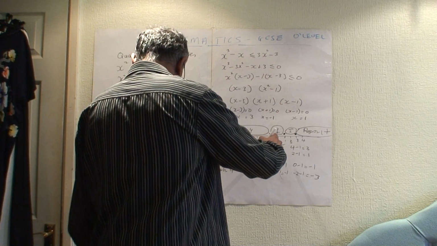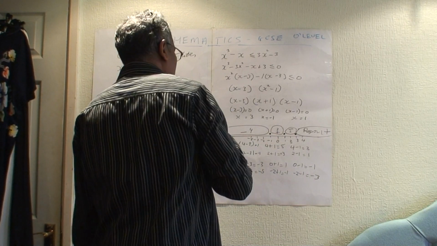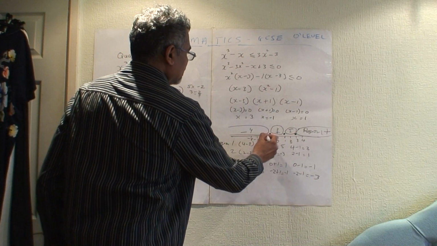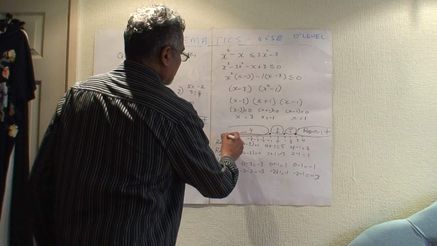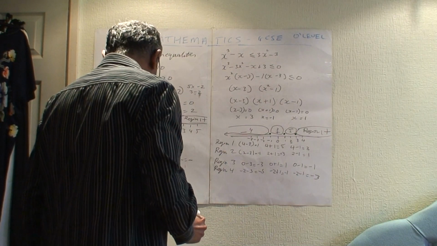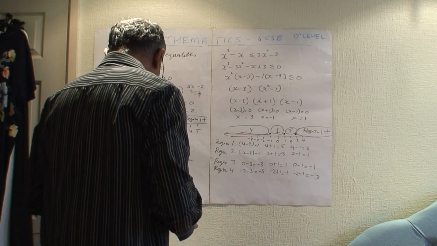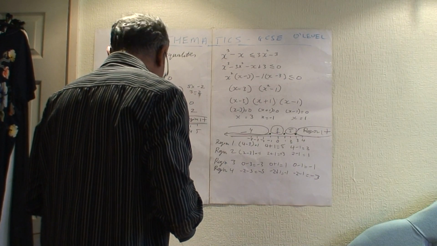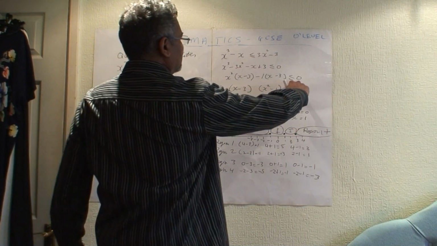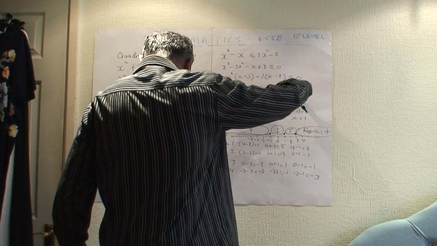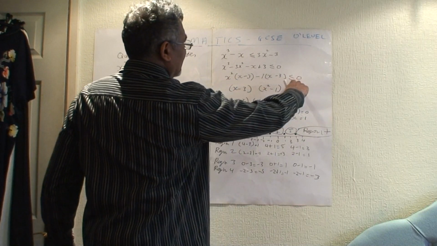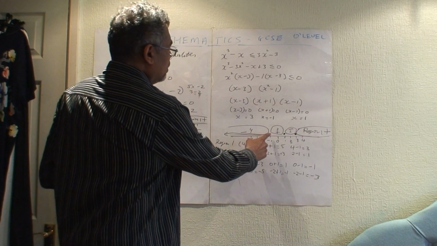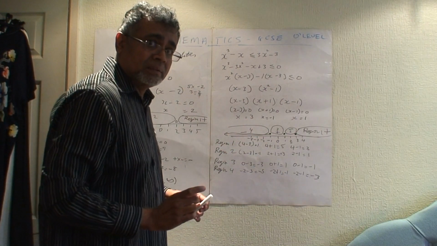So we're looking at values from here going this way, and we are looking at the negatives, because less than 0 means values that are negative. So we will look at the negative regions.